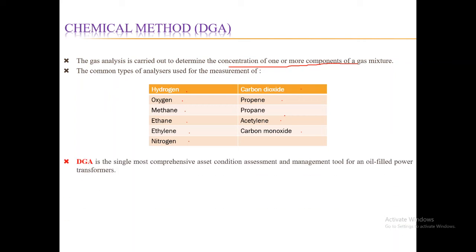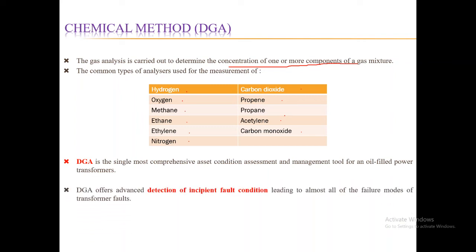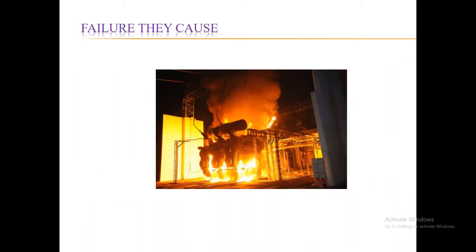DGA is the single most comprehensive asset condition assessment and management tool for oil-filled power transformers. It offers advanced detection of incipient fault conditions, covering almost all failure modes of transformer faults.